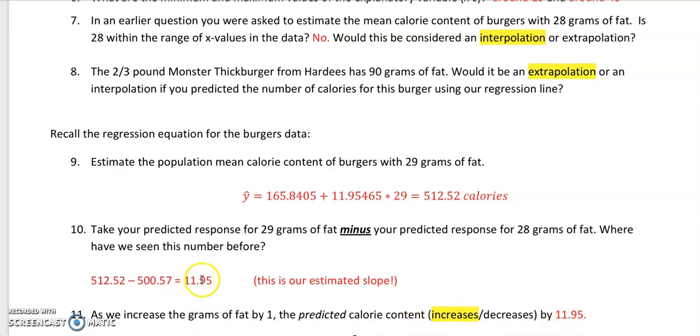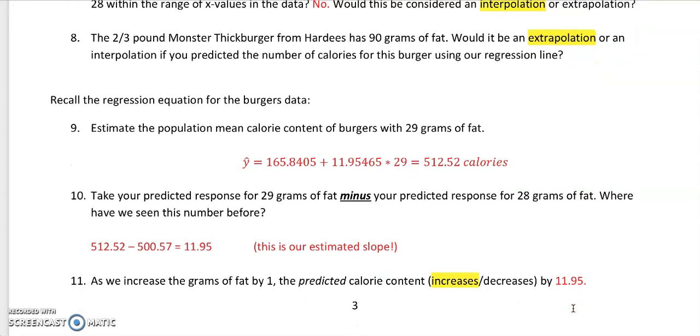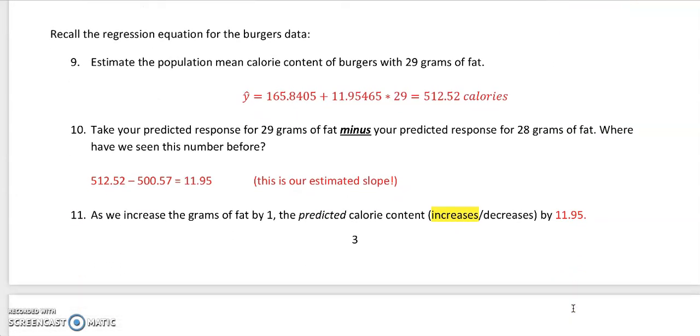Now, if this had said negative 11.95, we would say that the predicted calorie content decreases by 11.95. So whatever number we have here, it's how much we think our prediction will change when our x value increases by 1. And we'll revisit this in just a minute on the next page.